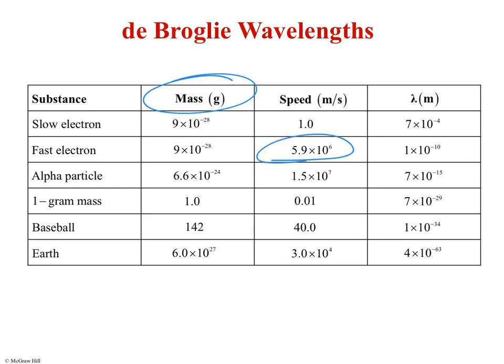You can see the electron travels at a very high speed, but a baseball travels very slow. And the reason why a baseball travels very slow is because it has a lot of mass. Look how much mass it has, and then its wavelength is very small.